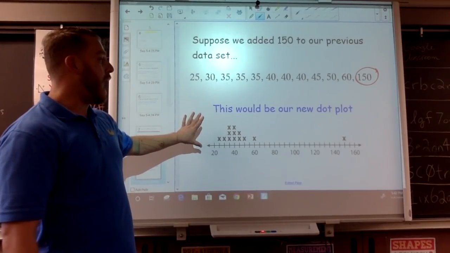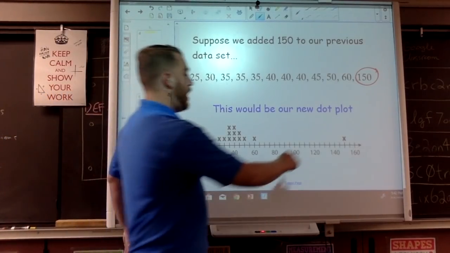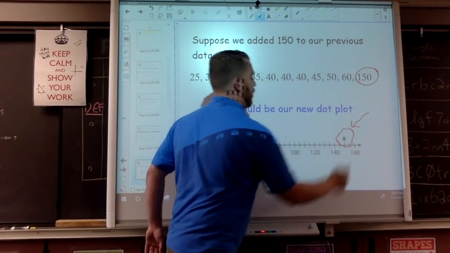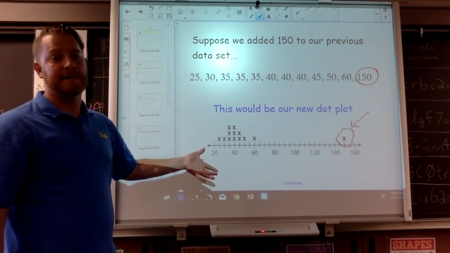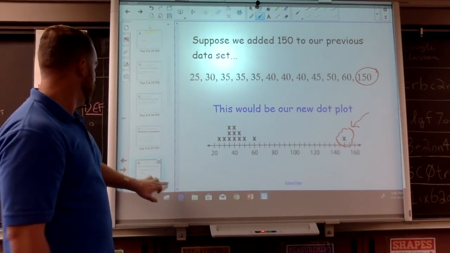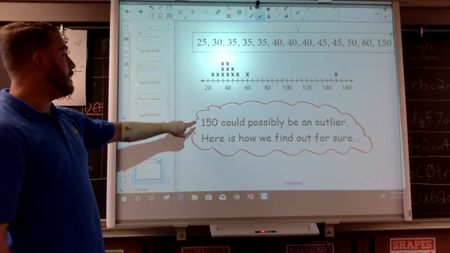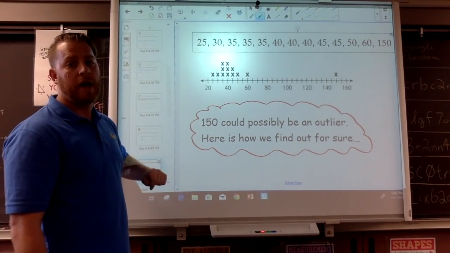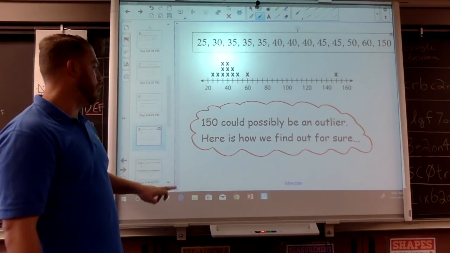Now this would be our new dot plot, and as you see, we have this guy over here. That kind of looks like it doesn't belong with the rest of the dots, right? Well, that means that 150 could possibly be an outlier. And here is how we find out for sure.